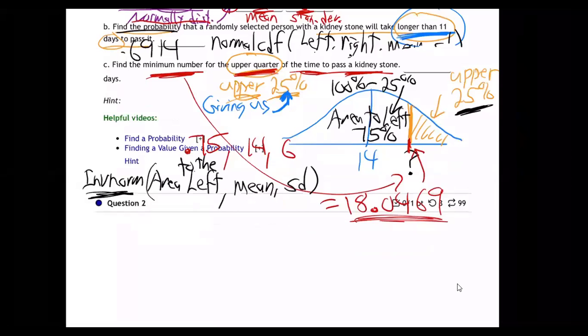The way it shows it, it says area, mu, and sigma. I have the new calculator and it's also asking me left, right, or middle. Oh, that's nice. It's asking me left, center, right. So area to the left, that's where I put in the 0.75, the 14, and the 6. So tell me, what does your calculator say?